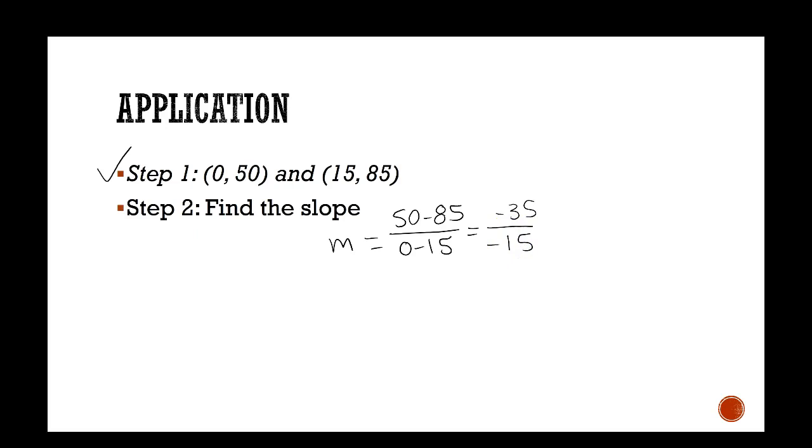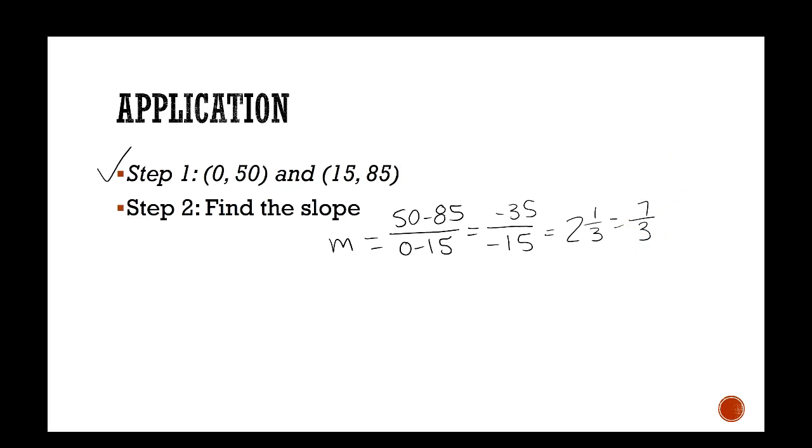A negative over a negative is positive. 35 divided by 15 is 2 1/3, so it's 2.3 repeating in your calculator. This would be 7/3 as an improper fraction. I'm going to use the 7/3 just because slope is one number over another.